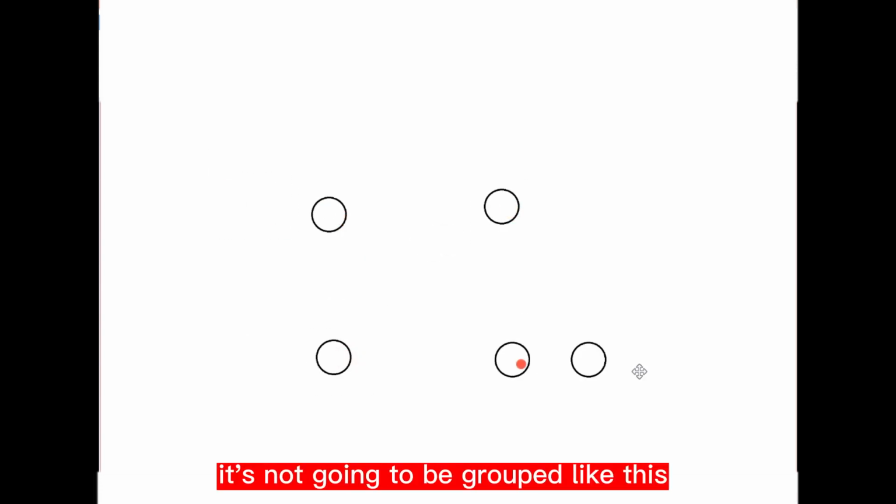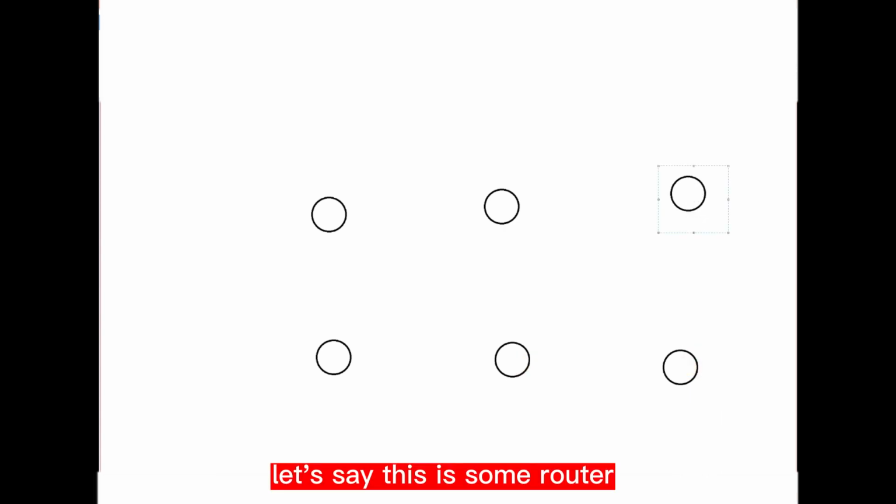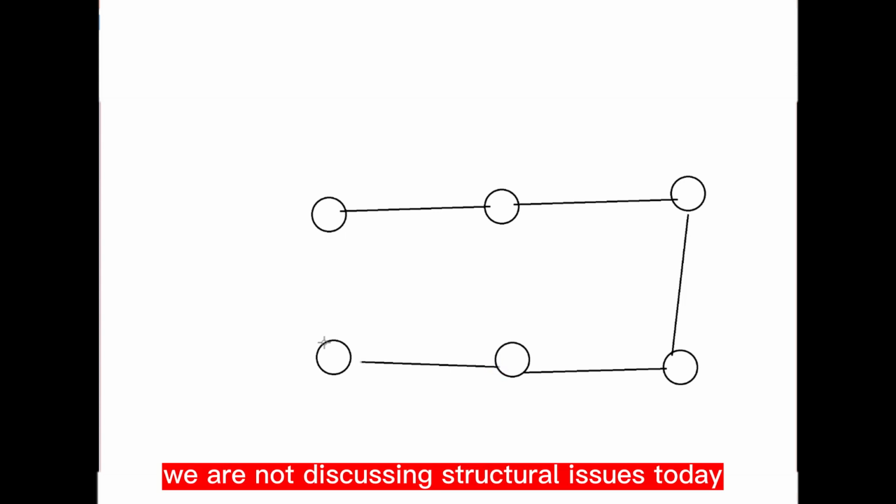Let's discuss a slightly more complicated scenario. I draw it casually; normal drawing is not like this. Real networking is not going to be grouped like this. Let's say this is some router, and simply make a connection. We are not discussing structural issues today.